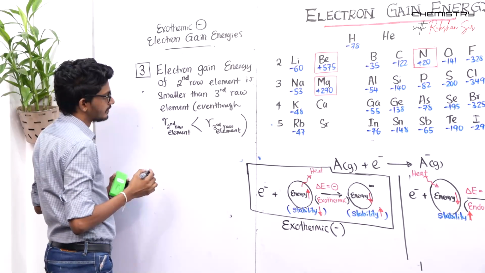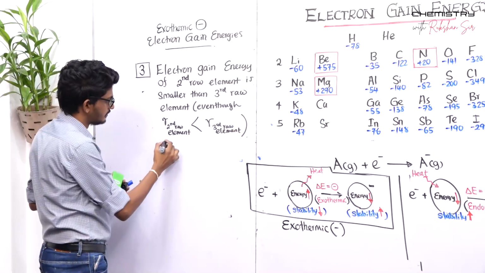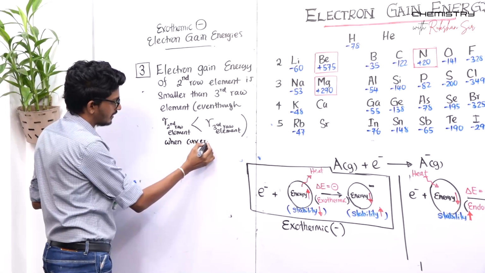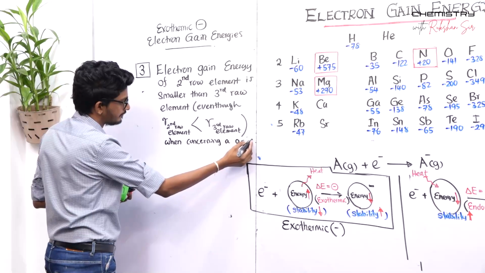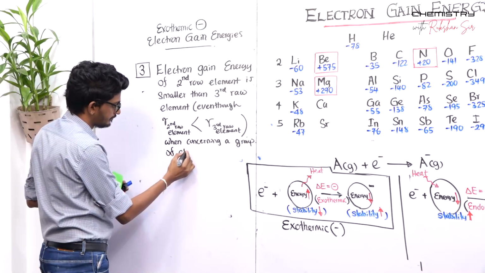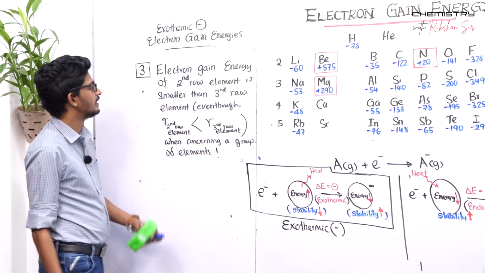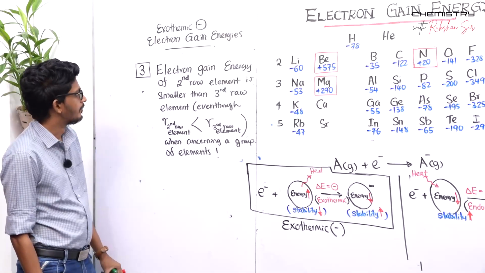This is when concerning a group of elements, not a period. That is the third fact you should know about the exothermic electron gains.